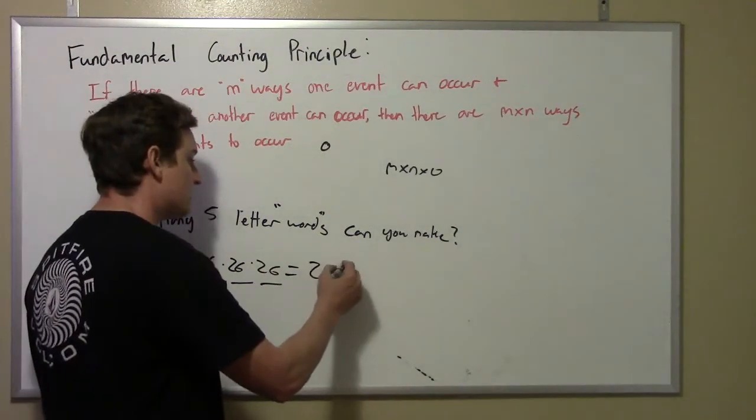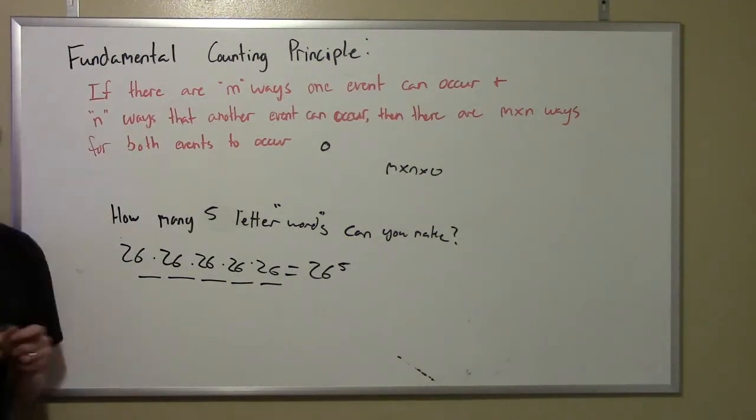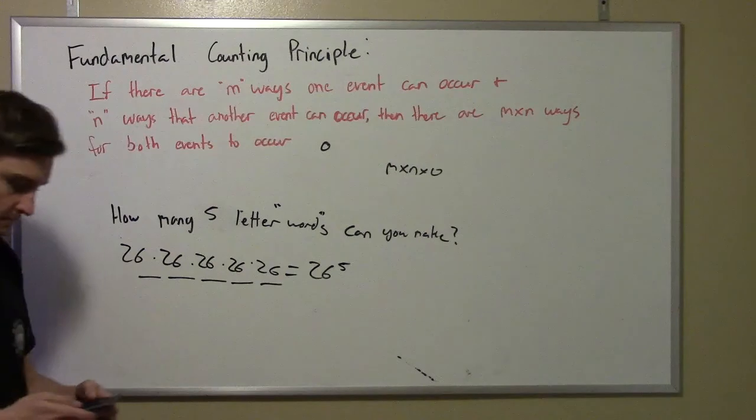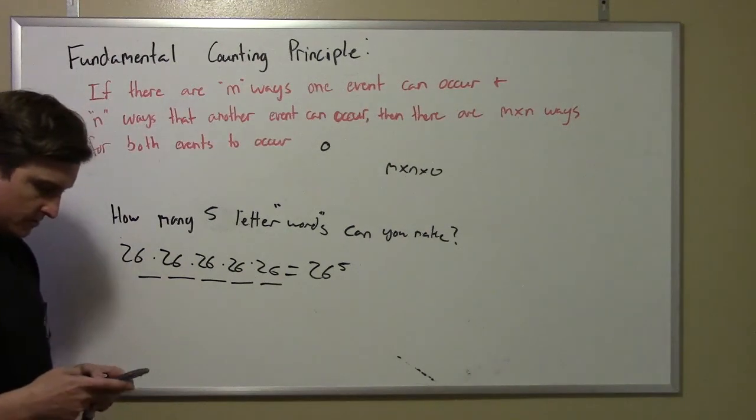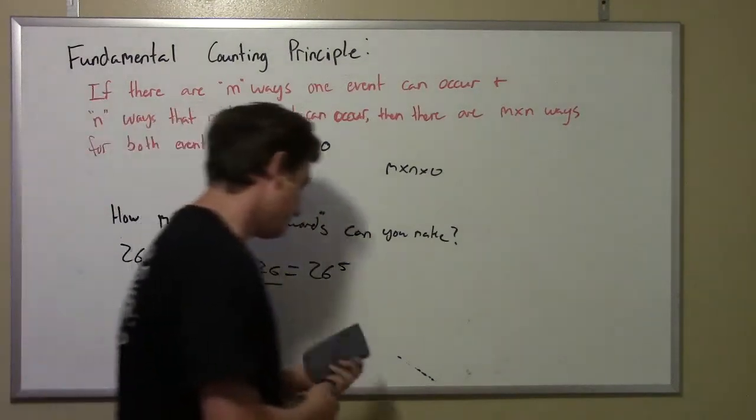So this is going to be 26 to the 5th power, which is a pretty dang big number. It might even overflow your calculator. Let's find out. 26 to the 5th power. Oh, it's not as big as I thought.